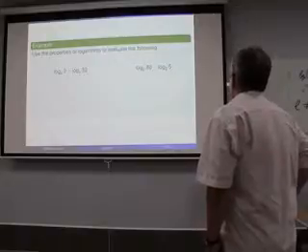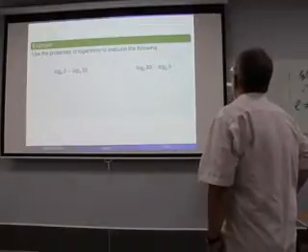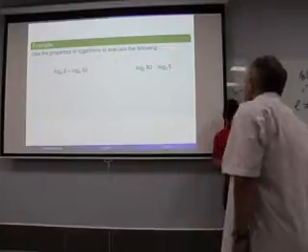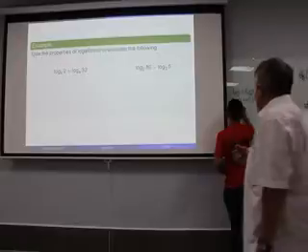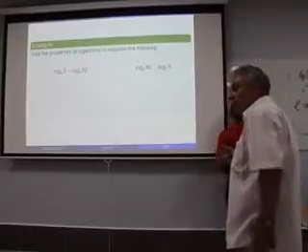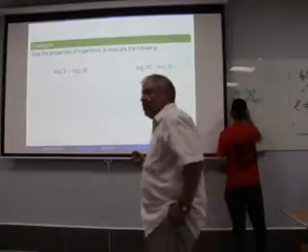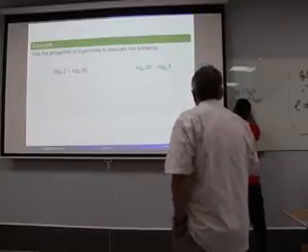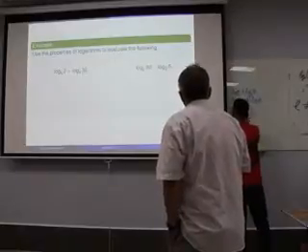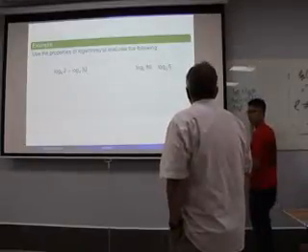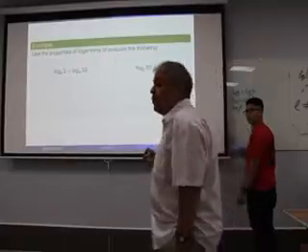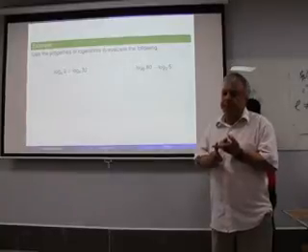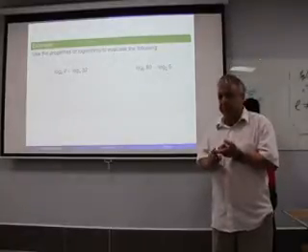Right, very good. Log 64. So now 4 raised to which power gives us 64? 4 multiplied by 4 once is 16.